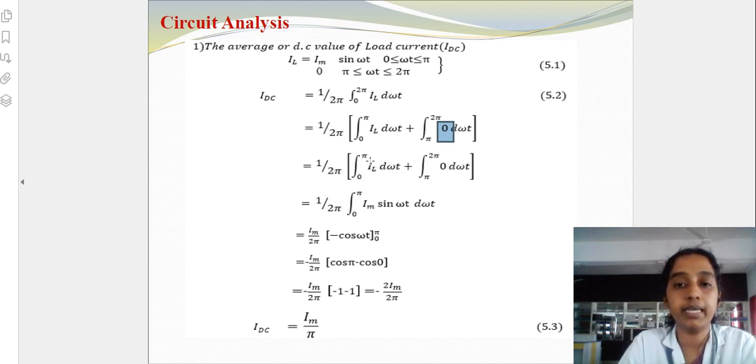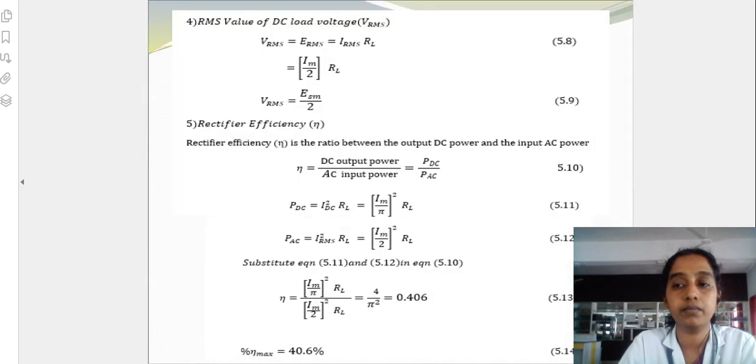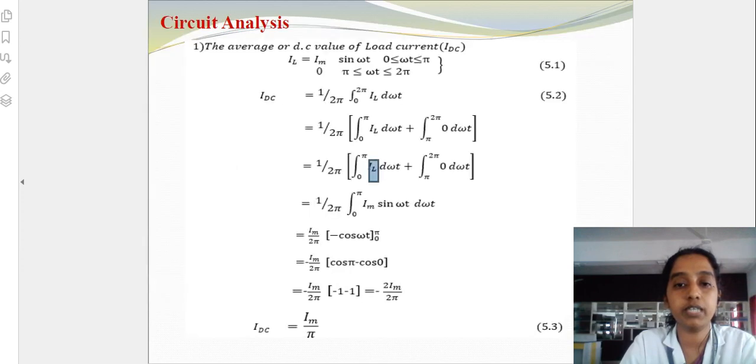So my IL load current is Im, maximum value of current, into sin omega t. So integration of sin omega t is minus cos omega t. And limit I have 0 to pi. So taking this minus outside, minus Im by 2 pi, cos pi minus cos 0.